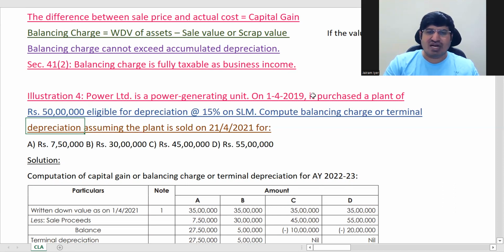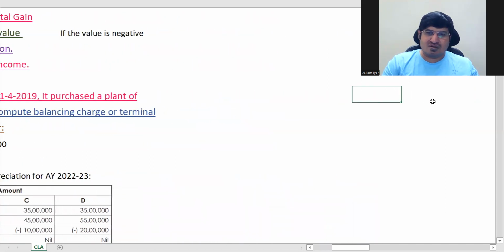So they purchased it on 1/4/19, so you can depreciate it for 2 full years, 31/3/2020 and 31/3/2021, at 15% on SLM. So 15% on 50 lakhs.